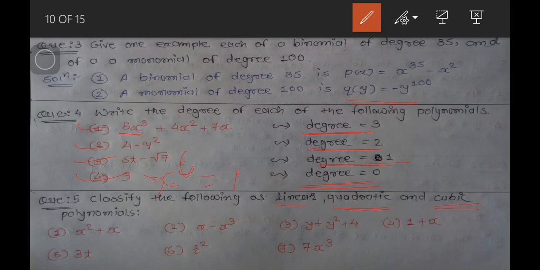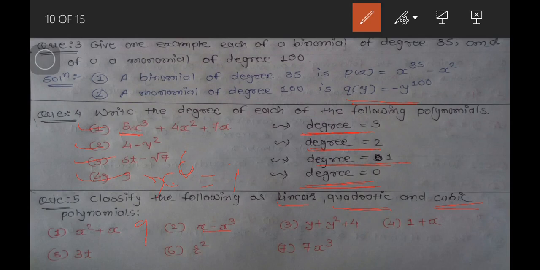So now here you can see that in first example the degree of polynomial is 2, then we can say that the given example is quadratic polynomial. Another one, second one is x minus x raised to cube.